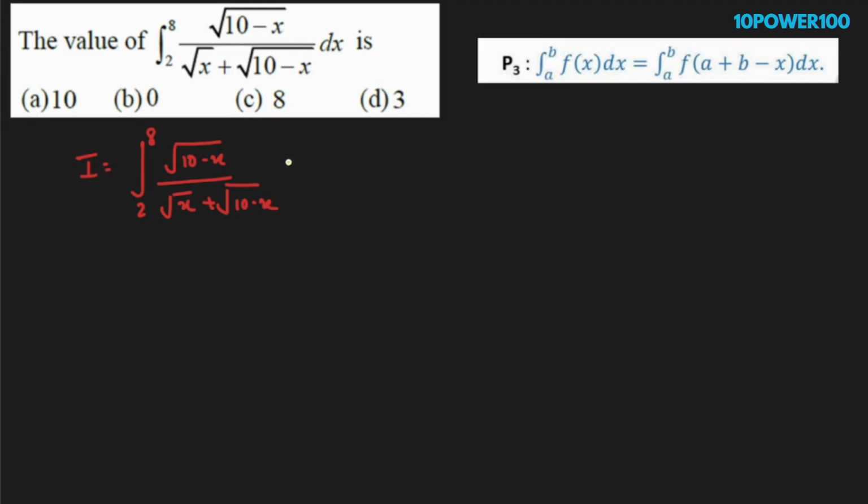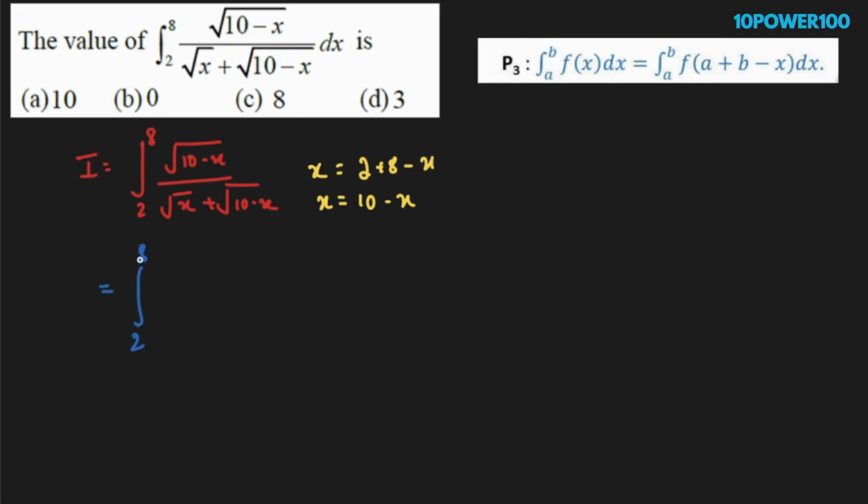In this case, x is equal to 2 plus 8 minus x, so x is equal to 10 minus x. In the next step, we have to replace x by 10 minus x.